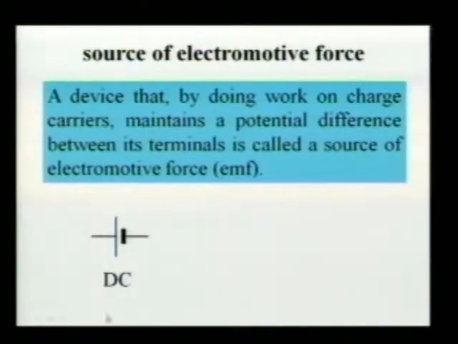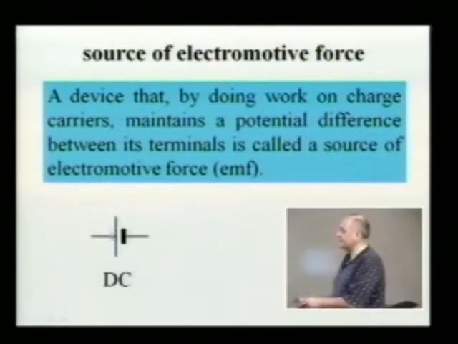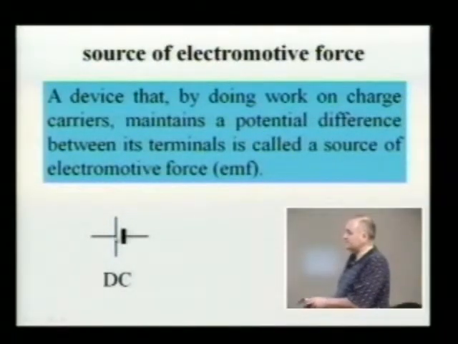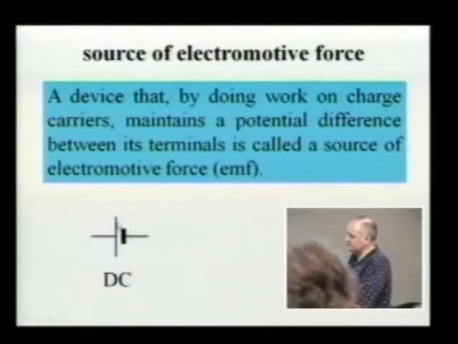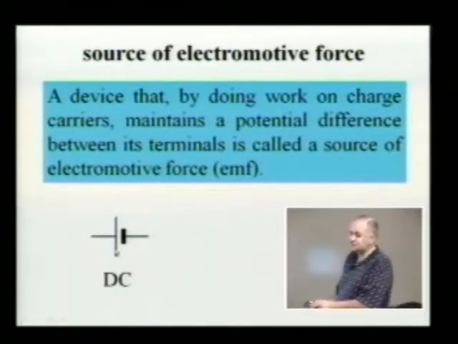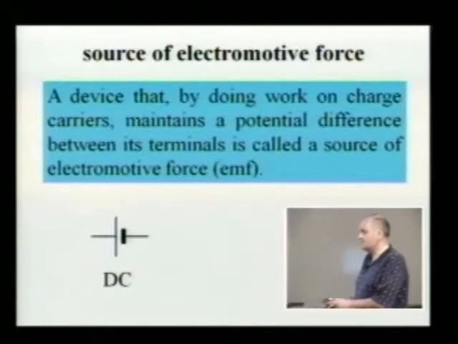So the longer line means that this device is transferring charge in such a way as to maintain higher potential on the left-hand side. Yeah, the longer line corresponds to higher potential, the shorter line corresponds to the lower potential.